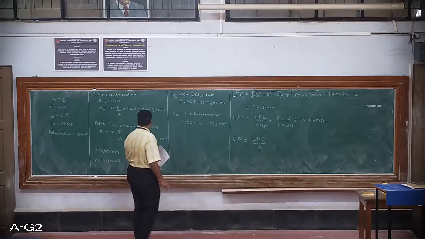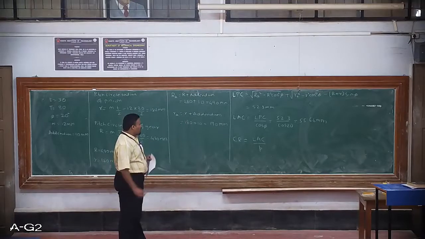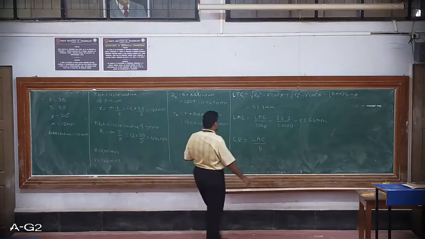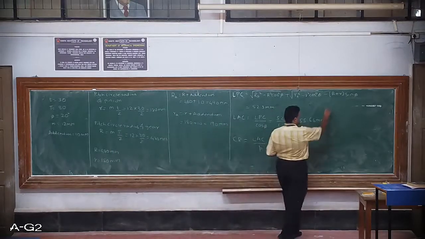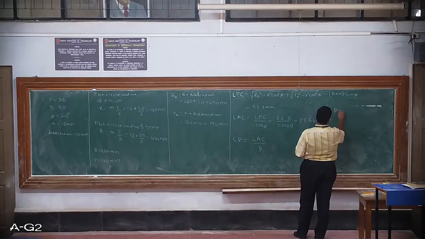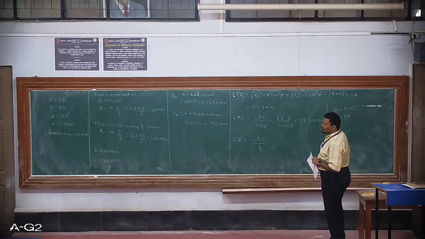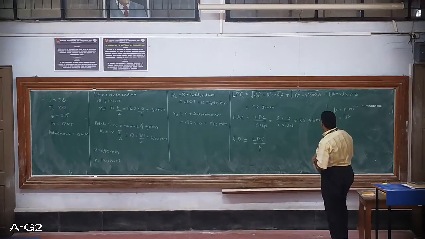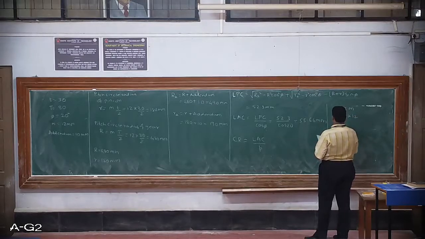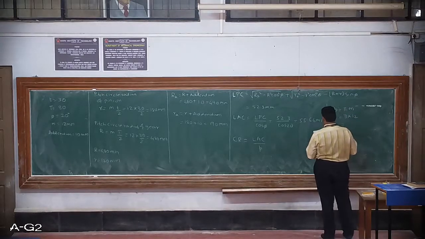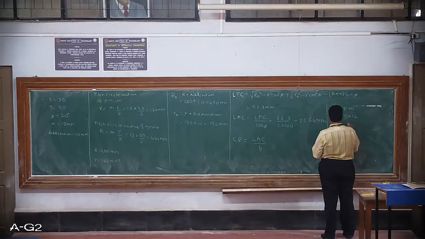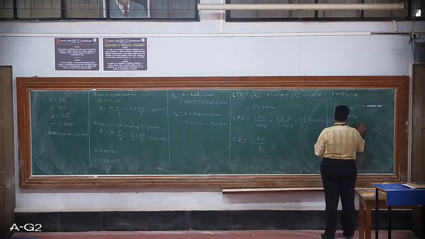Okay. So we need to now calculate the pitch. How is pitch calculated? Pitch is equal to pi into module. So that is pi into our module, which is 12 mm. Upon simplifying, we get pitch, that is circular pitch, as 37.5 mm.